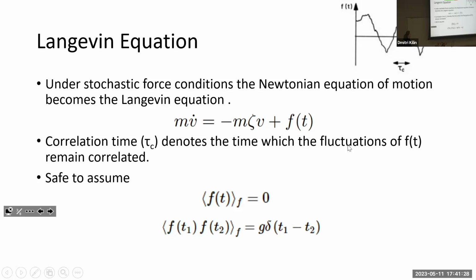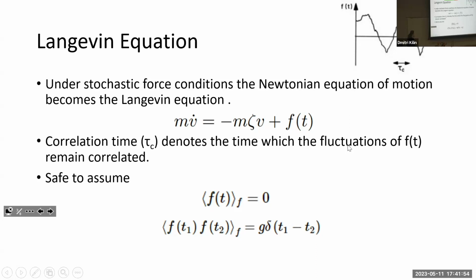This is the amplitude of the randomness happening in Ft. So tau c is in between these two. Between this and this, those fluctuations remain correlated to each other. And that is used later when you do all the math to figure out the end equation that you're looking for.